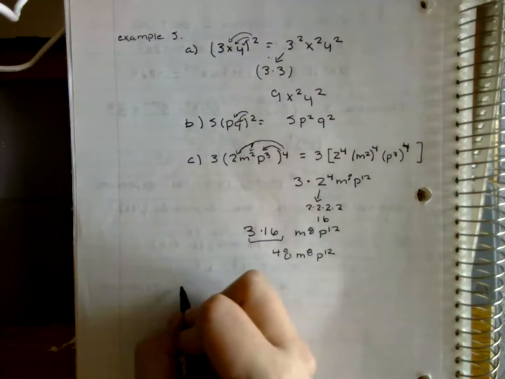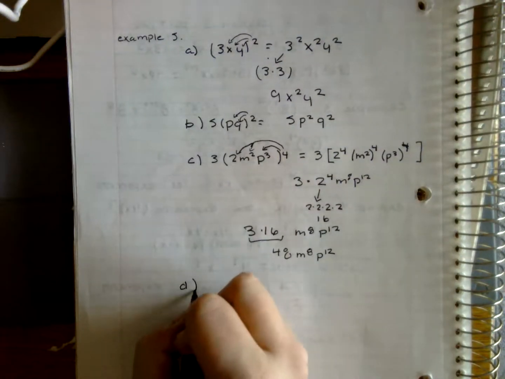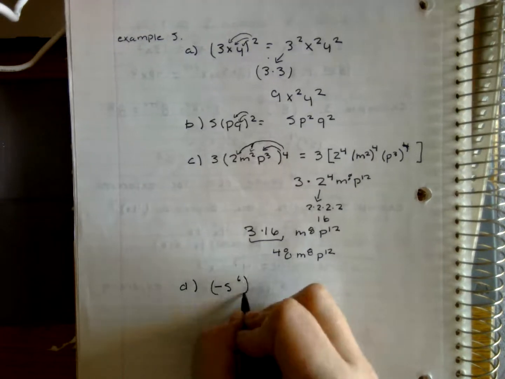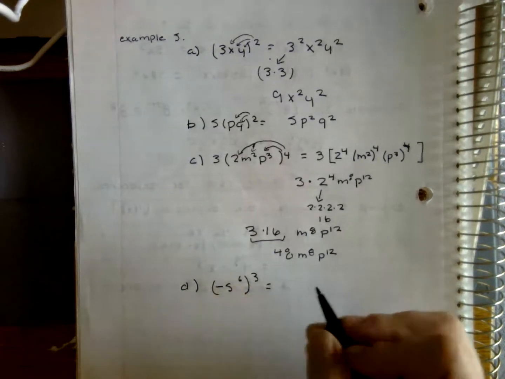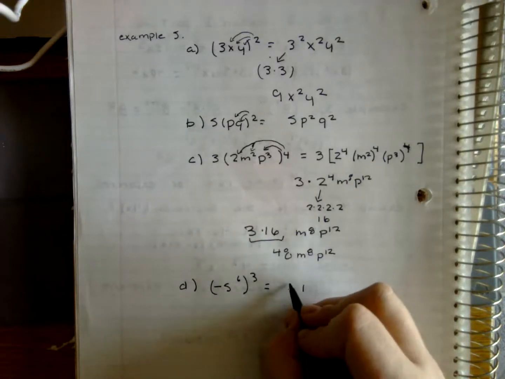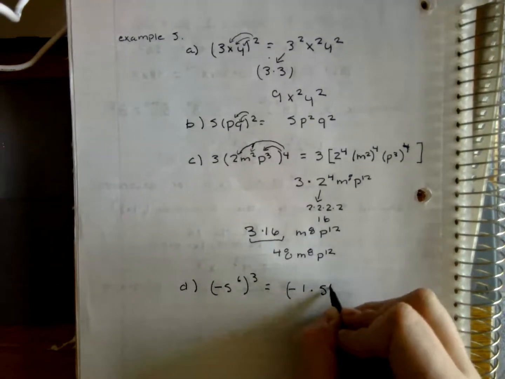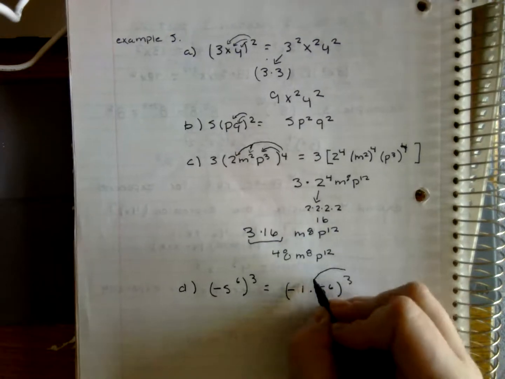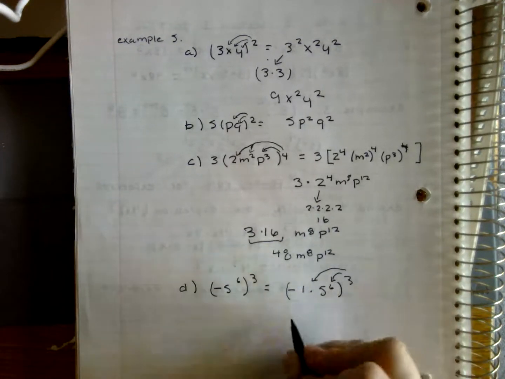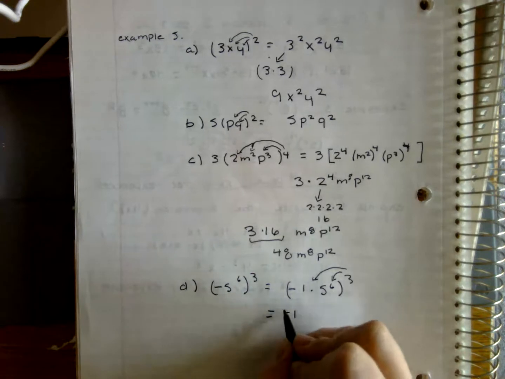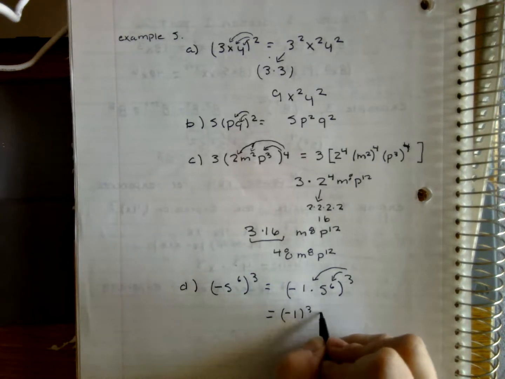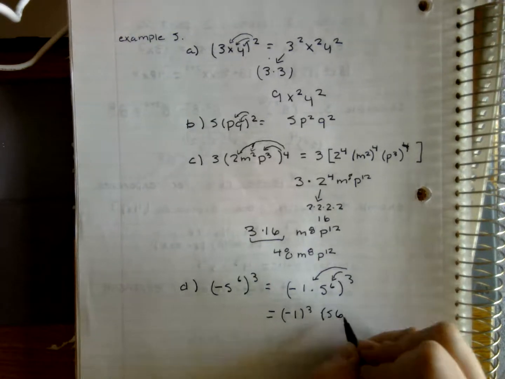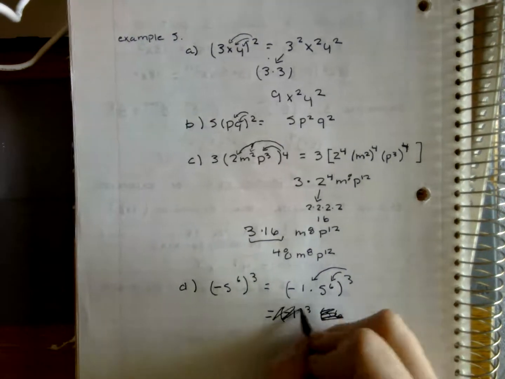So now the last example that we're going to do for this one is going to be negative 5 sixths all to the third. So that can also be written as negative 1 times 5 to the sixth to the third. So now we're going to distribute the 3 to each. Oops, let me rewrite this.